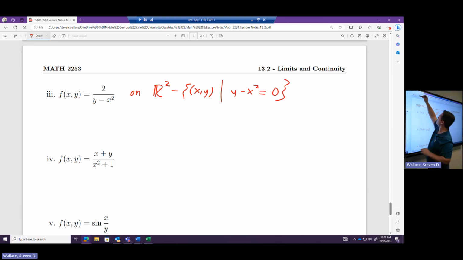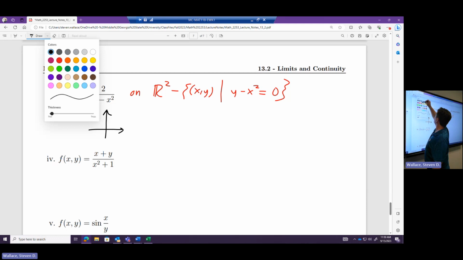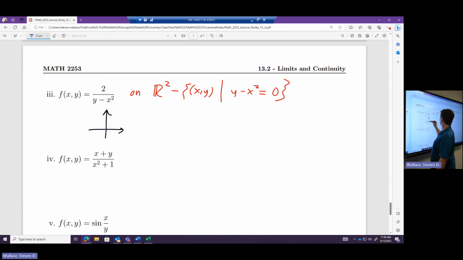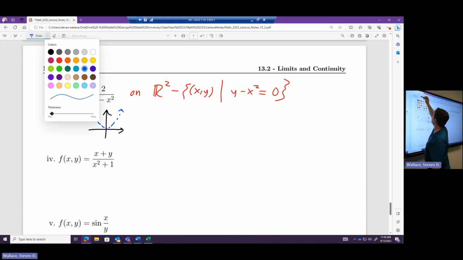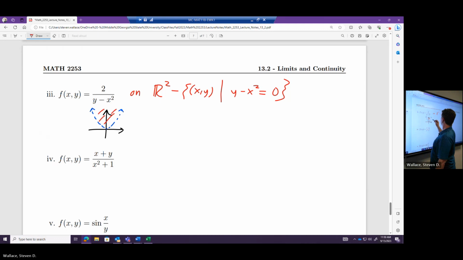So if I were to draw this picture, y minus x squared equals 0 is the parabola, right? So we take that parabola away, and what's left is everything where the function is continuous.